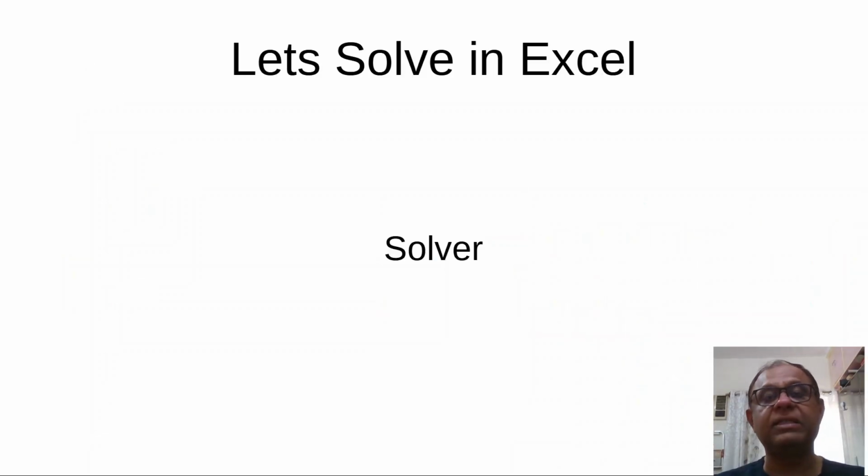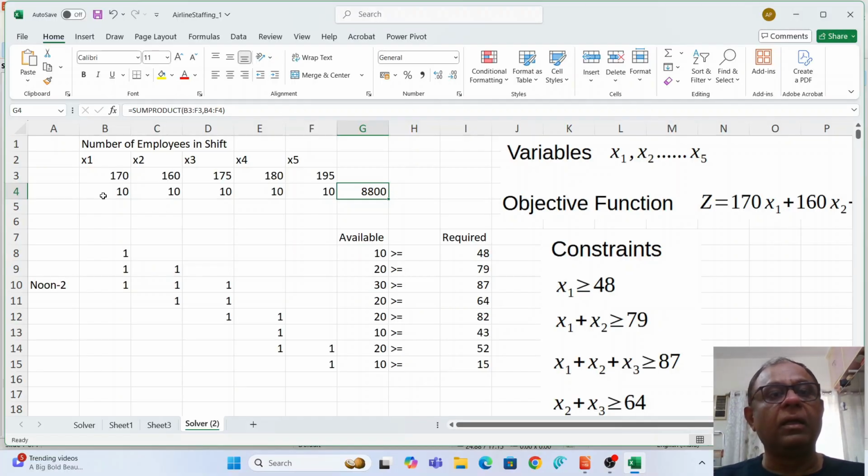And let's see how we can solve the problem using Excel Solver. Now, this is the Excel sheet, and how do we solve it? Let's have a look at it. First, we enter the variables, that is the number of agents in each shift.